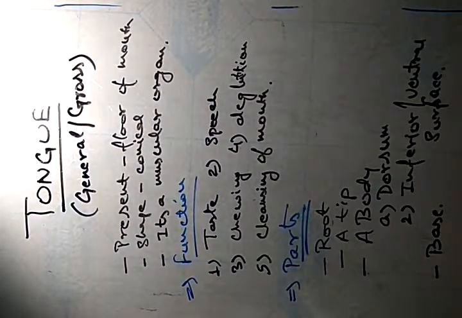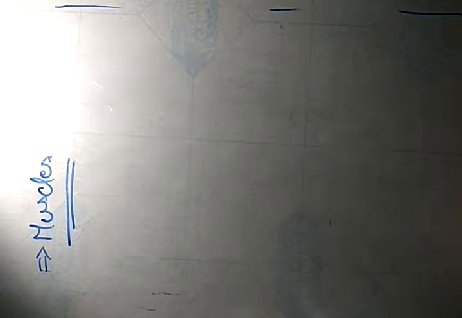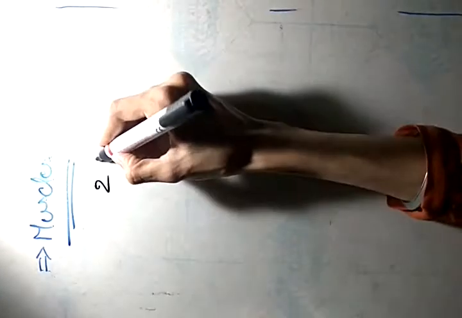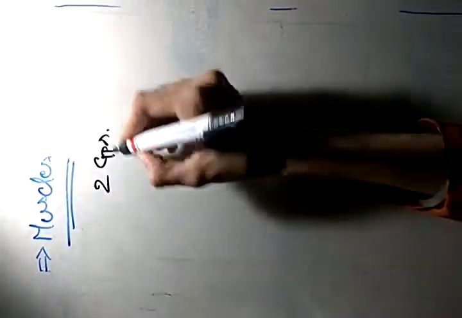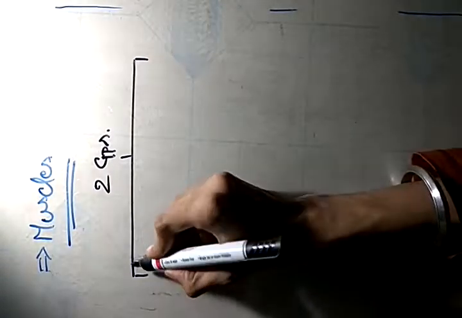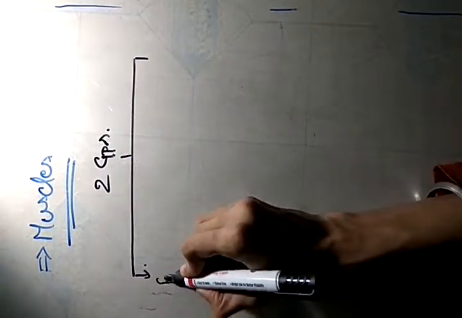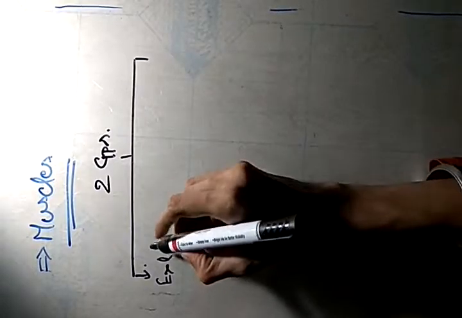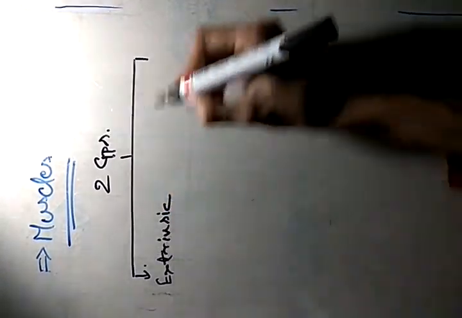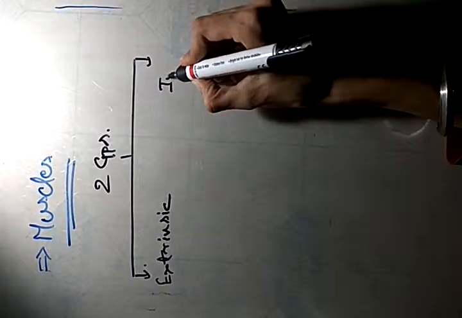Next, we move on to muscles. As it is a muscular organ, it is bound to have muscles in it. It has a total of 8 muscles and it is divided into two groups, extrinsic and intrinsic.